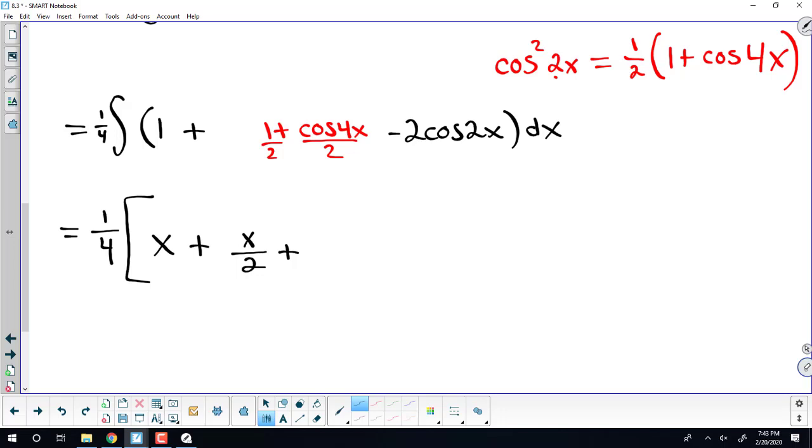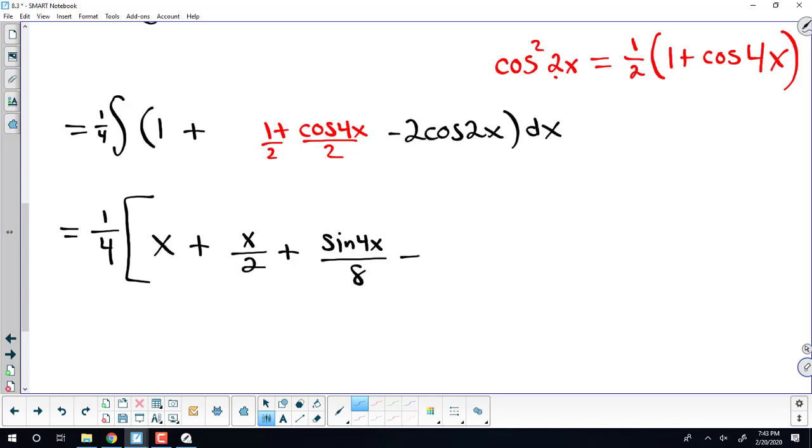Cosine 4x divided by 4, right? Times the 1/2? Yeah. 1/8. But the antiderivative of cosine though is sine. So sine 4x over 4 times the 1/2. Sine 4x over 8.